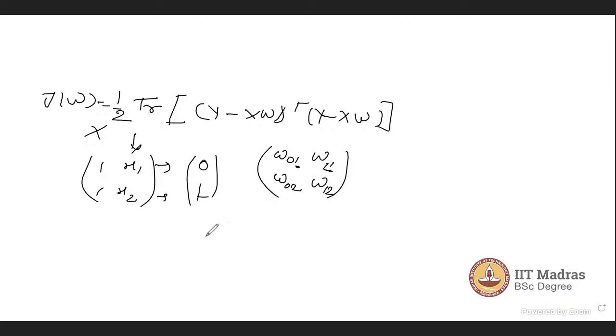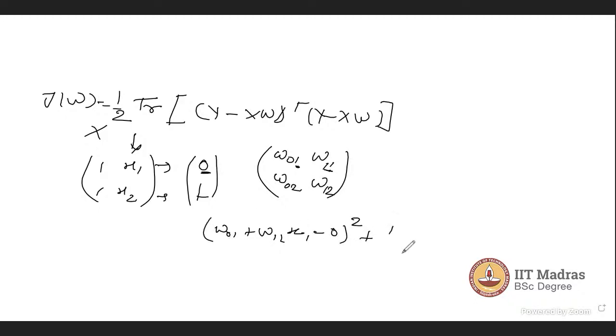So the discriminant function will look something like w01 plus w11 x1, right? Yes, for x1, minus the exact output, so 0. This is the error square.